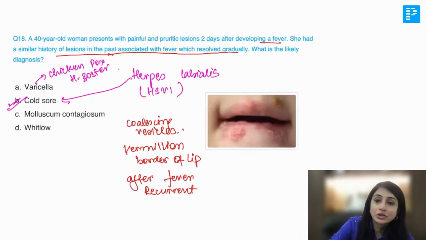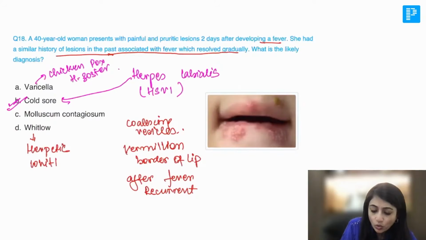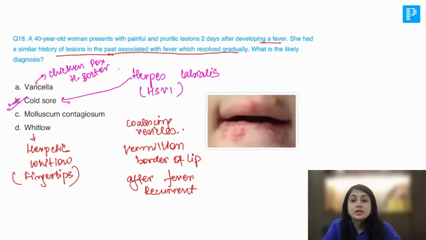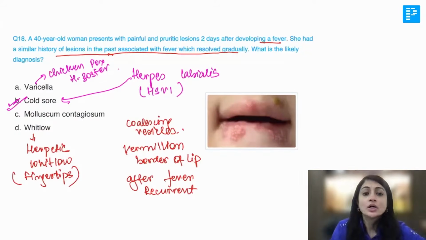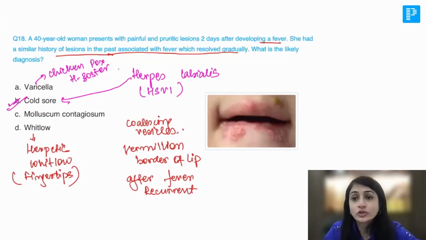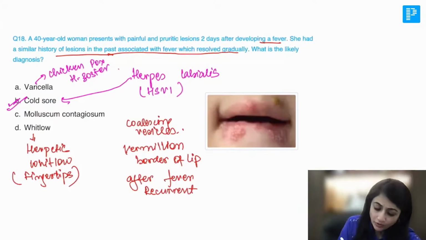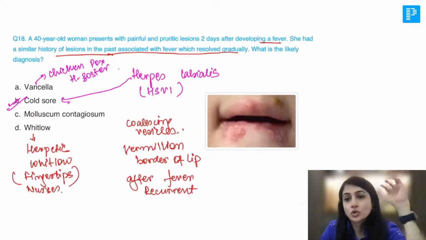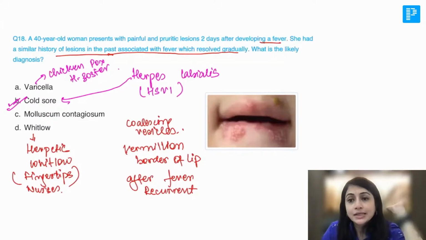What is vitiligo? Vitiligo is again caused by herpes and is called herpetic whitlow when you see lesions on the fingertips, usually seen on pathologists' hands. It is seen at the fingertips of nurses and pathologists because of HSV infection on the fingertips, right? Since here it is present on the lips, we call it herpes labialis.